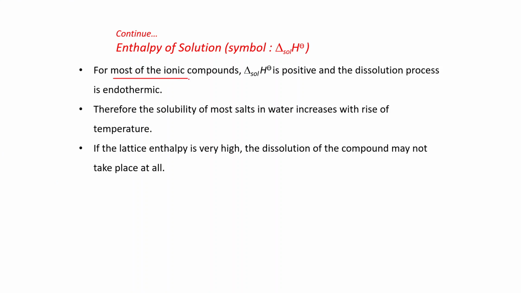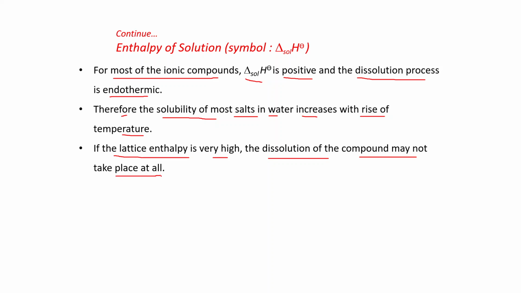For most of the ionic compounds, enthalpy of solution is positive. Now what is the meaning of this positive enthalpy of solution? That is, the dissolution process is endothermic, clear? Therefore, the solubility of most salts in water increases with the rise of temperature. If the lattice enthalpy is very high, the dissolution of the compound may not take place at all.